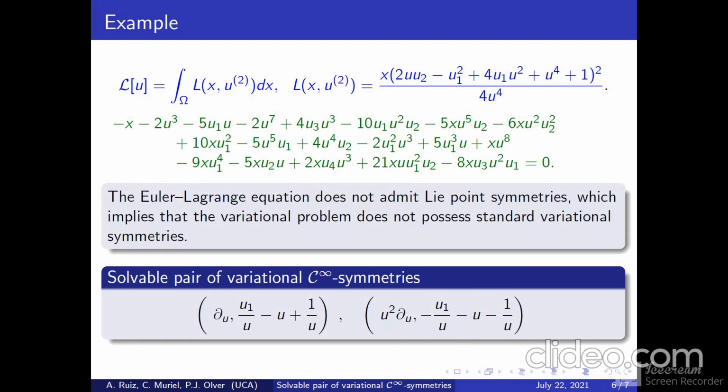So the corresponding lambda prolongation satisfies the solvable condition I showed you before. Now we can start the method of successively reducing the order of the Euler-Lagrange equation by using this solvable pair of variational C-infinity symmetries.